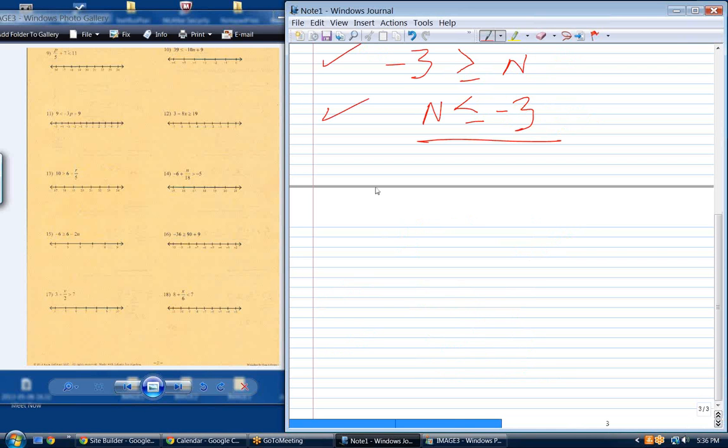Okay, number 11. Give me the second line. Okay. So first you would do 9 minus 9, which is 0. So would it be just... What's next?